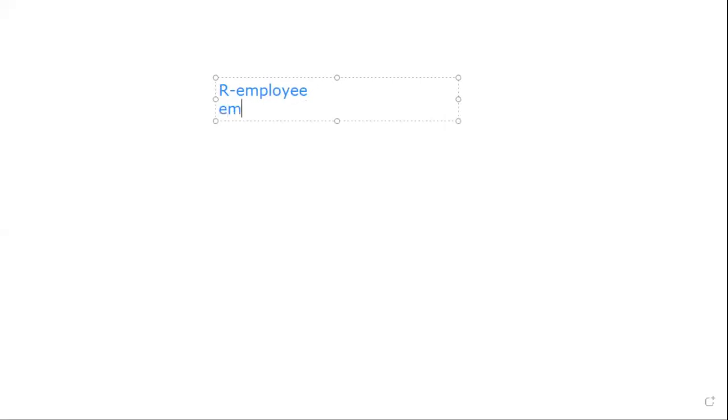In the employee table, we have employee name, SSN, or we will consider it as EID, employee address, and salary. These are the attributes that are present in the employee table.